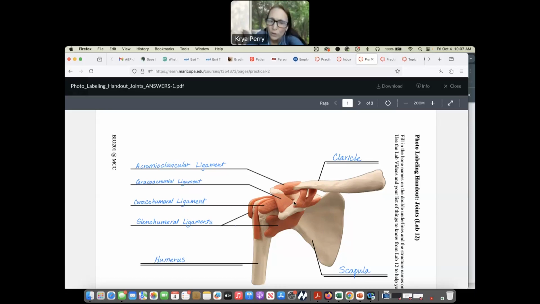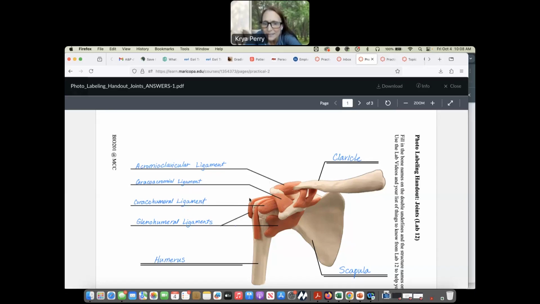The coracohumeral one is hard to see, and we probably won't give you this view because you can't tell that it's attaching to this coracoid process. But this one's going from here to the humerus, so it's the coracohumeral ligament. This one here is going from the coracoid process to the acromion process, so it's the coracoacromial ligament. Nice that they have the names that they do.